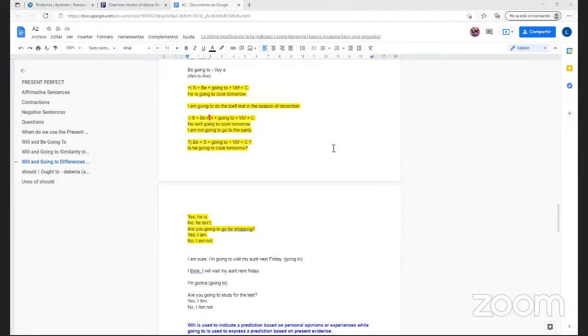I'm not going to go to the party. So if we have questions, always first the verb to be and then the subject. Only this we're going to change. And we're going to continue with the going to, verb in base form, and the complement. Is he going to cook tomorrow? Yes, he is, or no, he isn't. Are you going to go shopping? Yes, I am, or no, I am not.